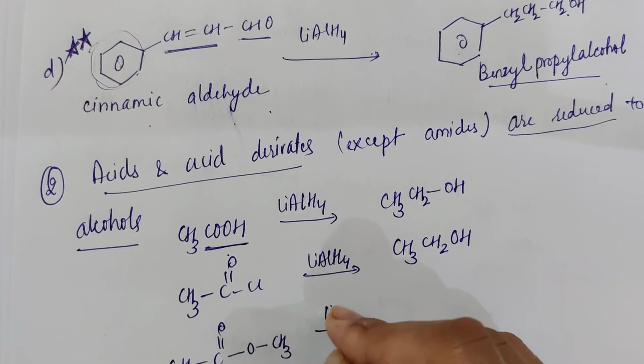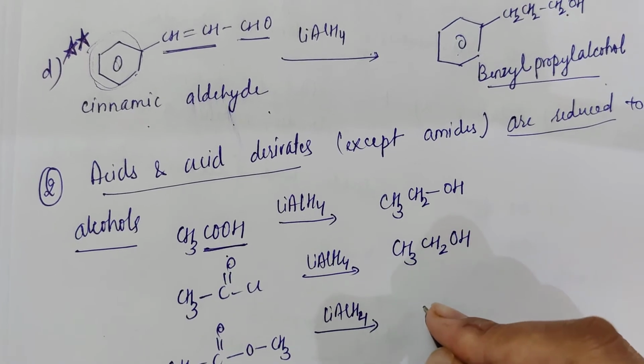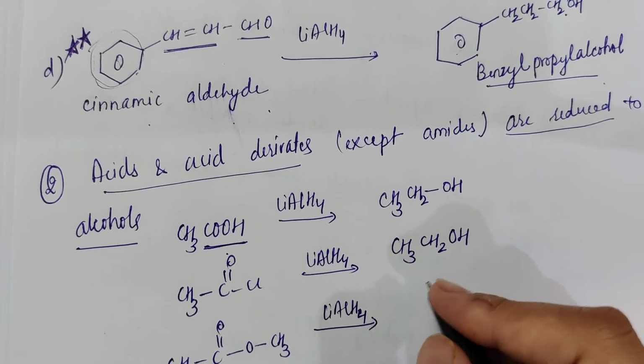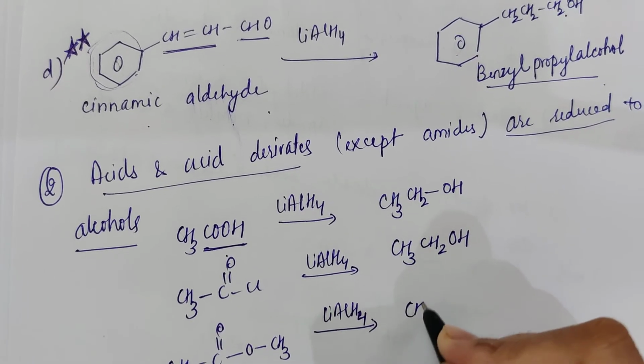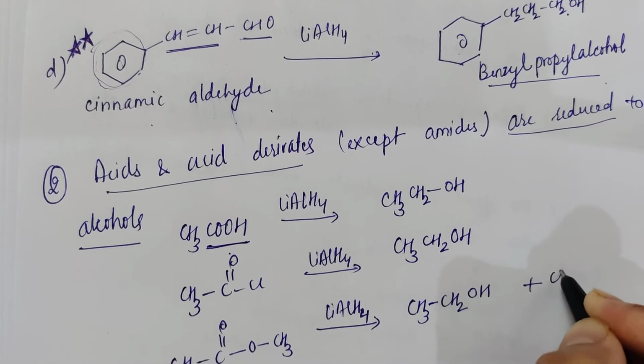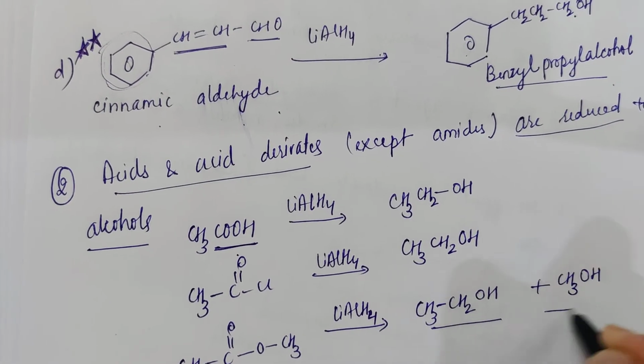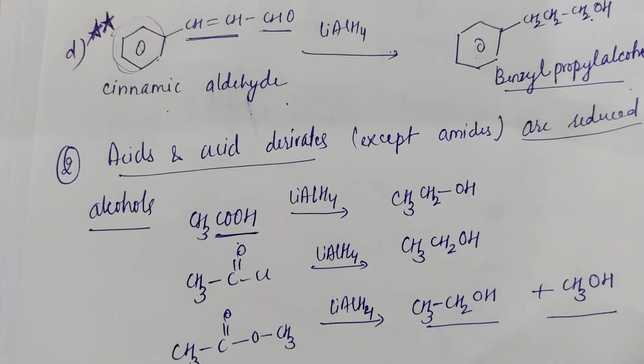Ester on treatment with lithium aluminum hydride gives us two products, CH3CH2OH plus CH3OH. Two alcohols are obtained in this case.